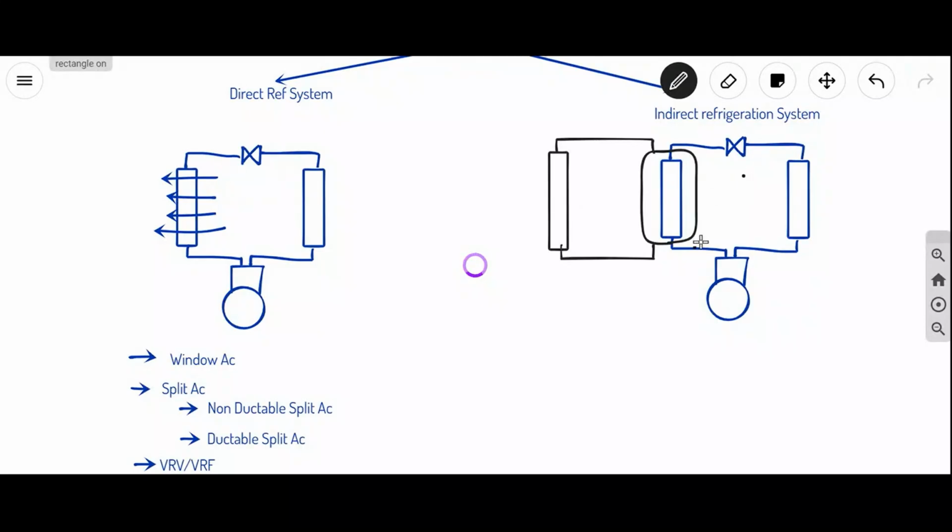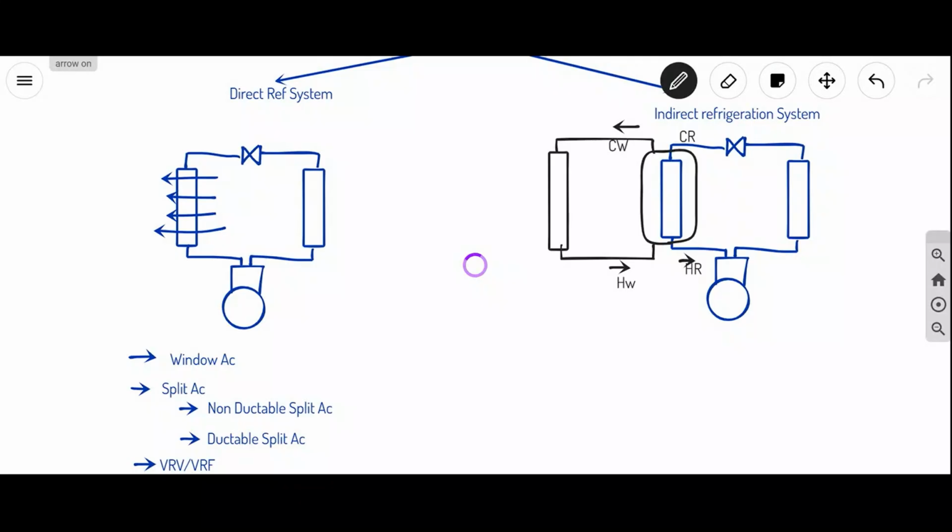Now first heat exchange takes place between refrigerant and water. Hot water, chilled water, chilled refrigerant, hot refrigerant.